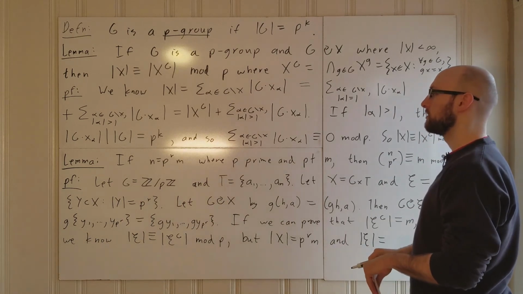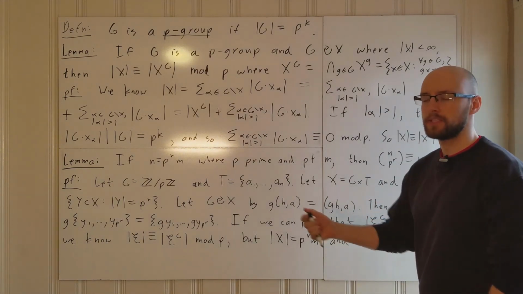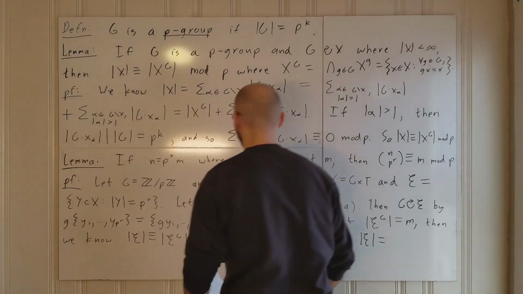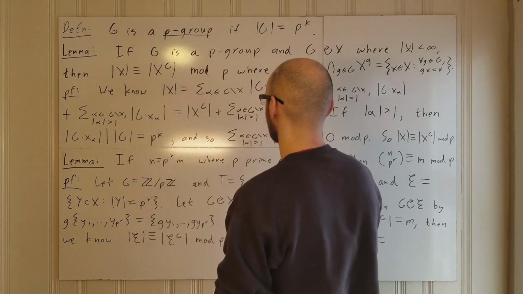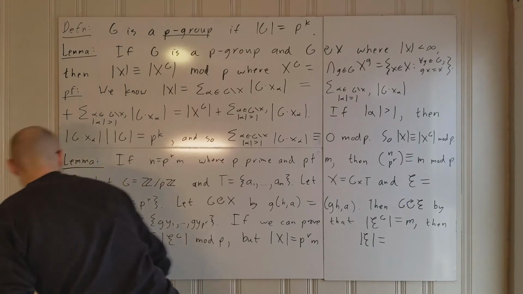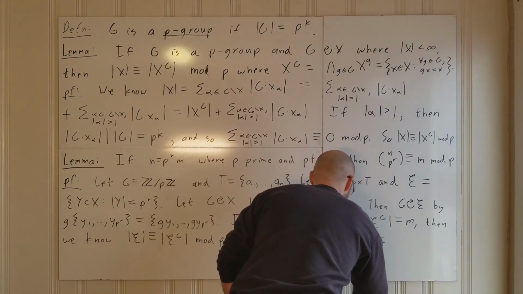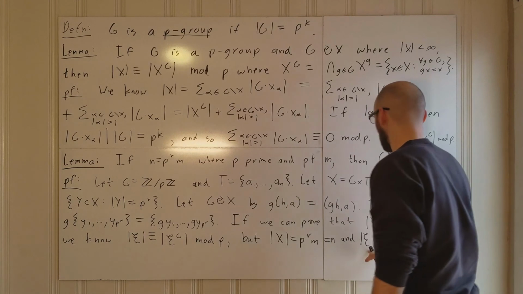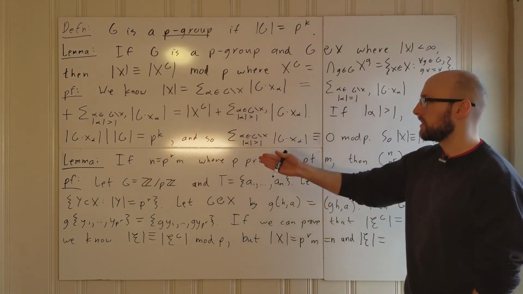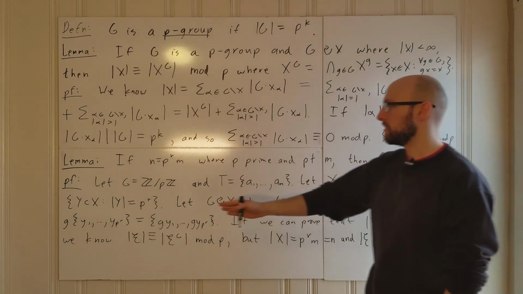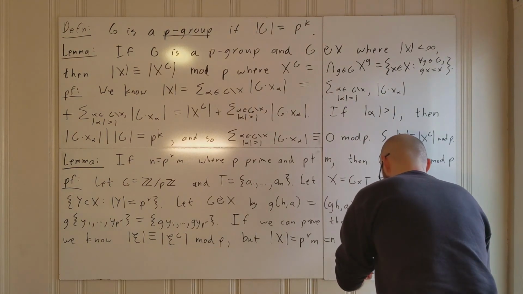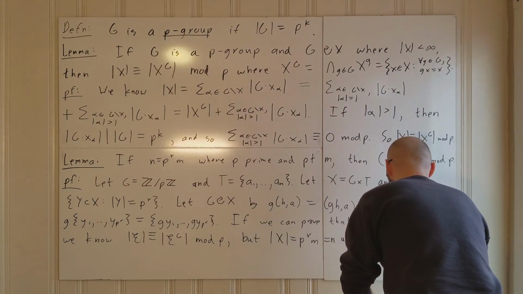Well, if you have a set of size, and we're going to call this n, how many subsets of a set of size n have size p to the r? Well, the definition of that number is just n choose p to the r.